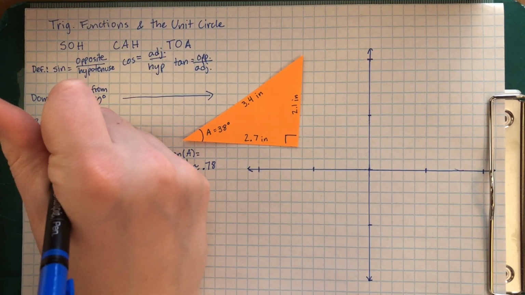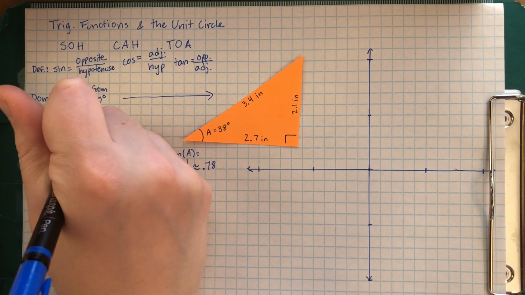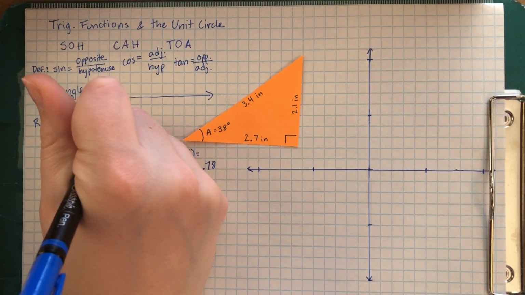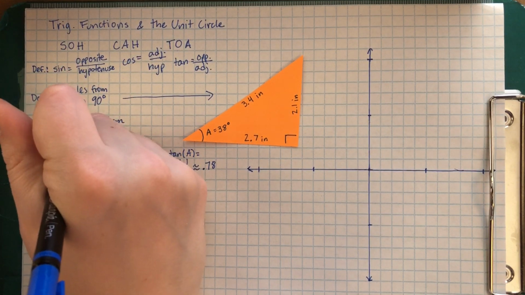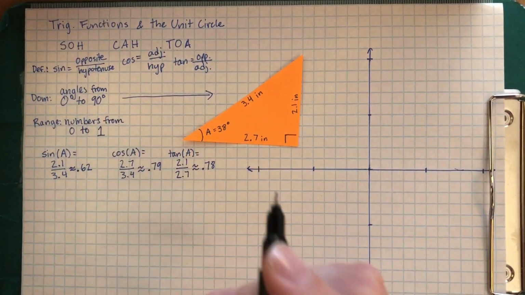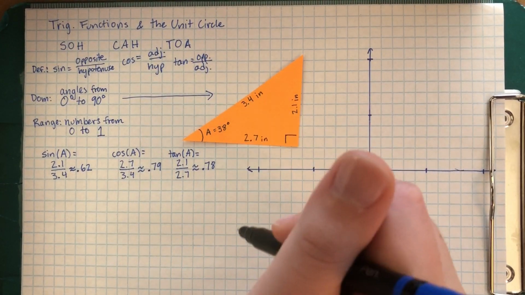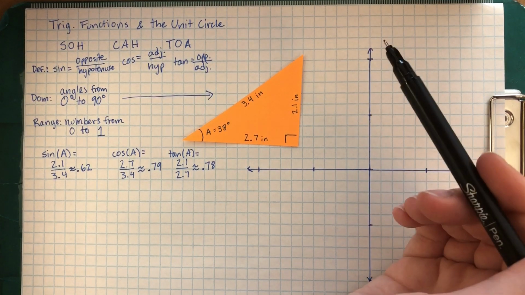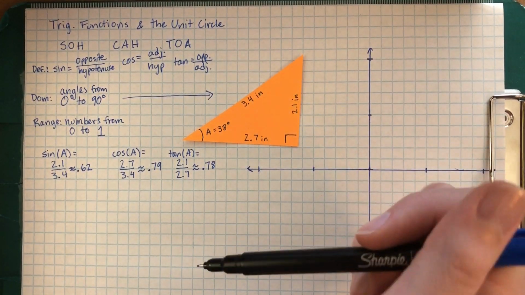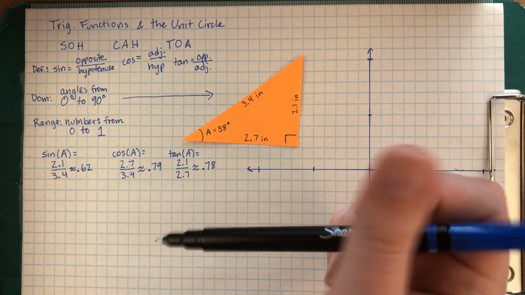So the range is numbers, not just angles, but numbers, from 0 to 1. No matter what weird triangle you make, if it's a right triangle and you're looking at the opposite over the hypotenuse, you're going to get a ratio between 0 and 1.